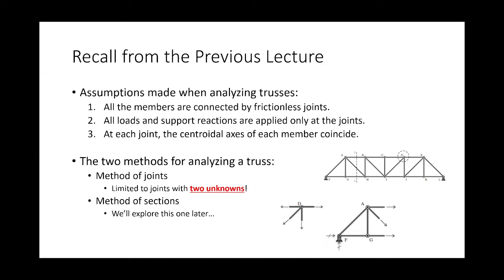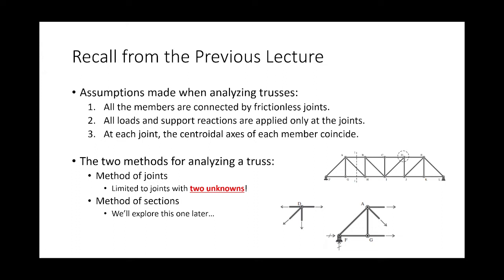When we analyze a truss, we have 2 methods. The method of sections, which we're going to talk about later, and the method of joints. Now, remember, when we utilize the method of joints, we are limited to joints that have at most 2 unknowns. Why? Because we have 2 equations of equilibrium.